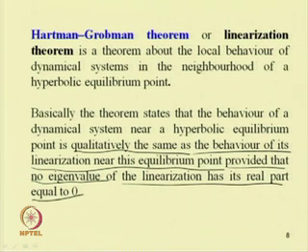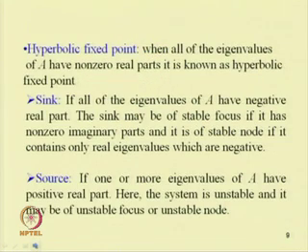So, if we have a hyperbolic fixed point, then according to this theorem, the linearized system behavior and the original system behavior will be similar. So, if we can linearize near the equilibrium position and study its stability, this will give the local stability of the system. For finding the global stability of the system, one may use the Lyapunov method.